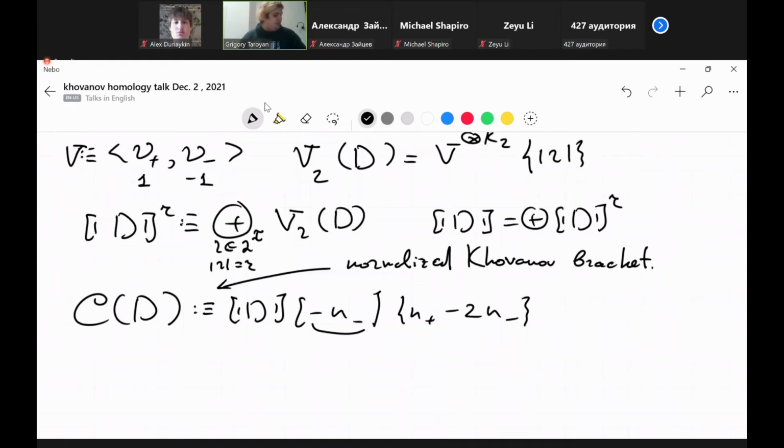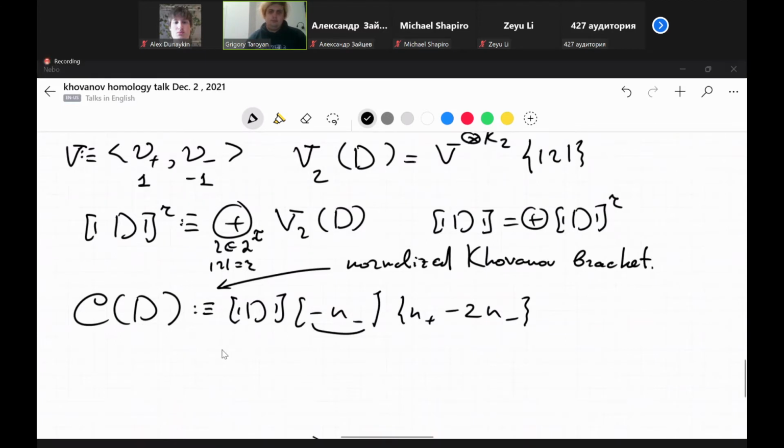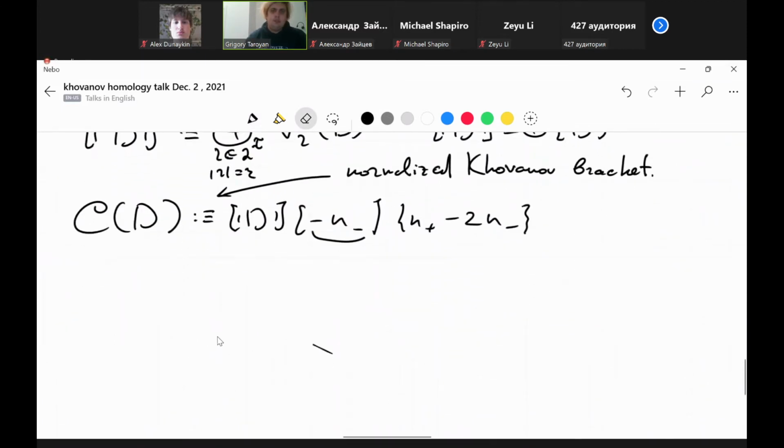Okay. So now I can define a differential indeed, but first I need to talk a bit about edges of this cube. So edges of this cube are encoded by the following sequences.